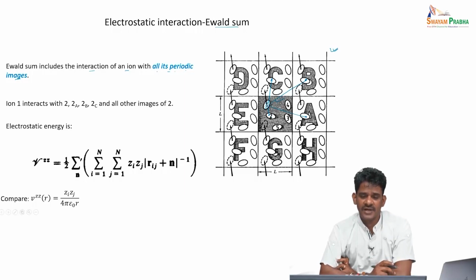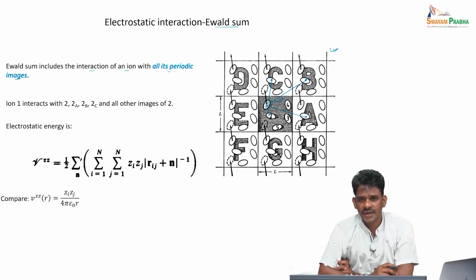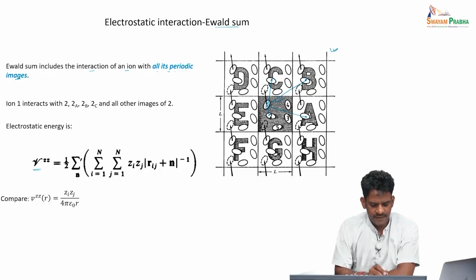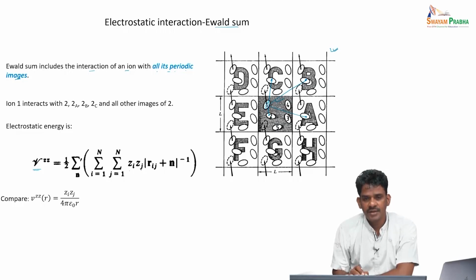So if you want to calculate such long range interactions, the way you write mathematically the total Coulombic energy, or electrostatic energy, is basically a sum over all ions, i equals 1 to N, similarly j equals 1 to N, the product of the charges Zi and Zj divided by the modulus of Rij plus n.